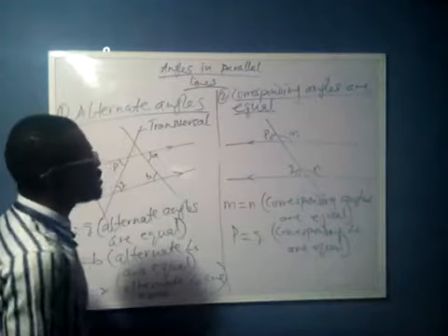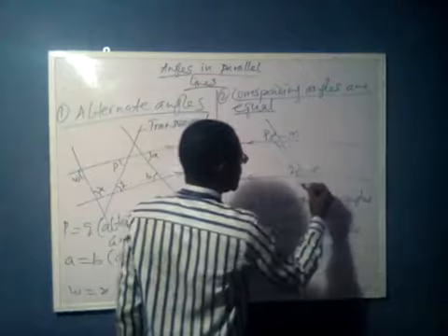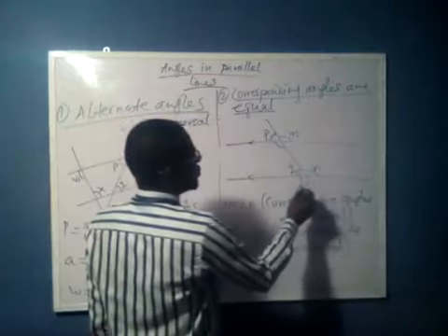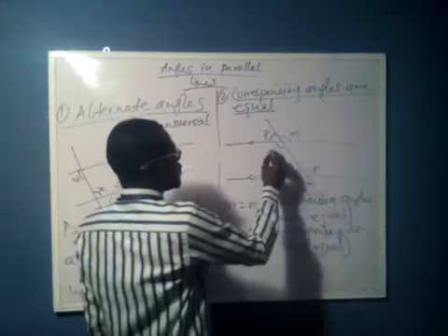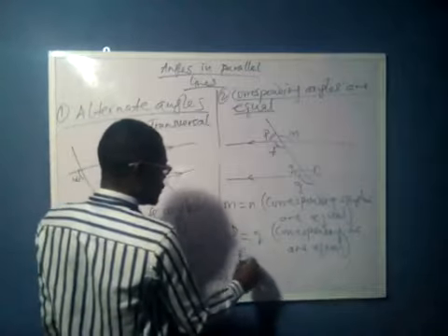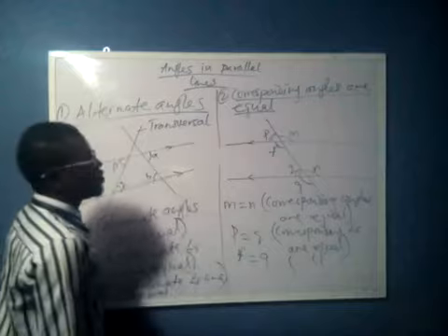So there are several ones like that. In fact, from this place, here and here, they are corresponding. F and G. So F equals G, corresponding angles, the same reason.